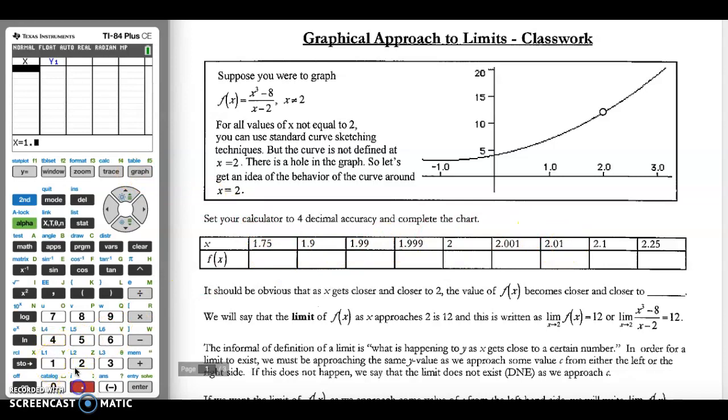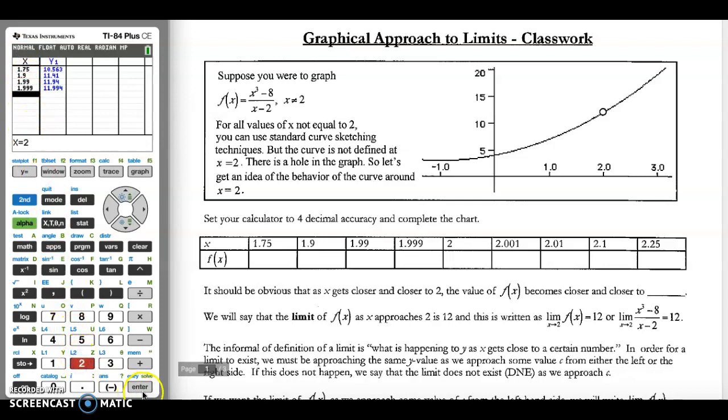And so now I can go ahead and just plug these numbers straight in. So we've got 1.75, 1.9, 1.99, and then 1.999. And these are pretty good numbers to be choosing just because they're very close to 2.